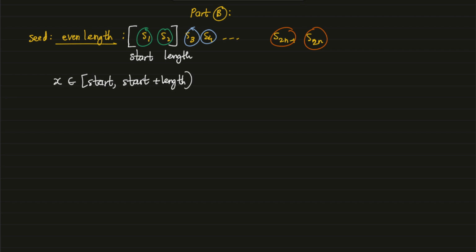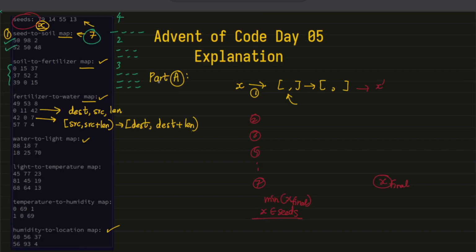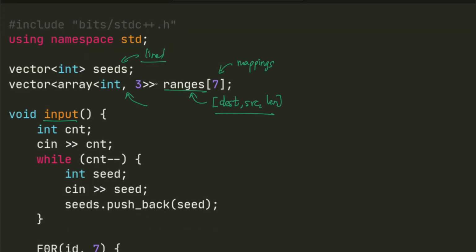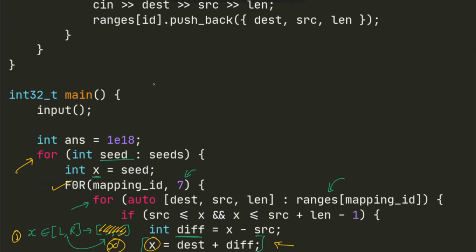Now x belongs to this range, and for all possible values in this range we need to perform the same operation of mapping. But if we naively implement this, so instead of this seed, we simply go over all x in that range starting from start to start plus that length, then this is very inefficient.